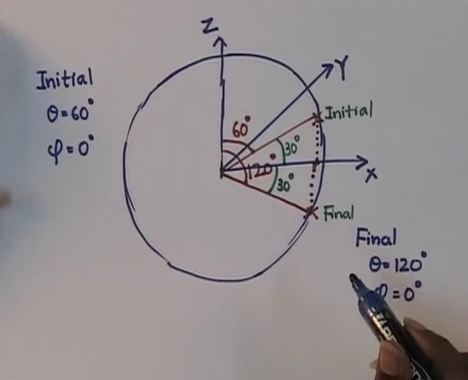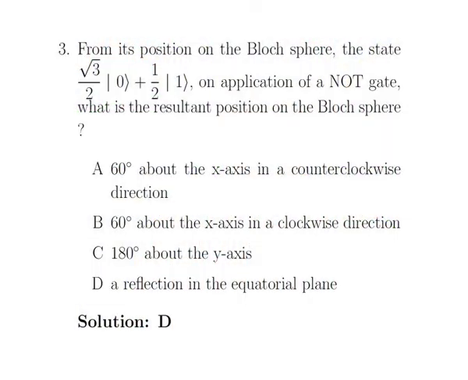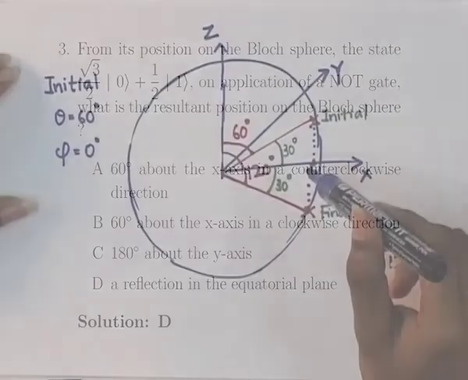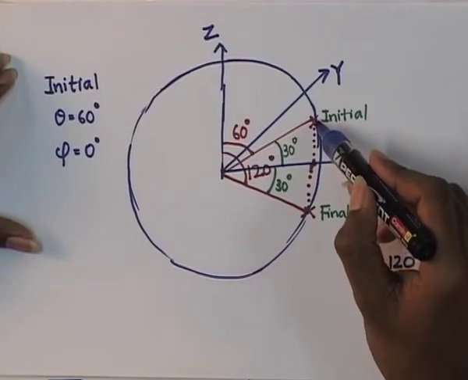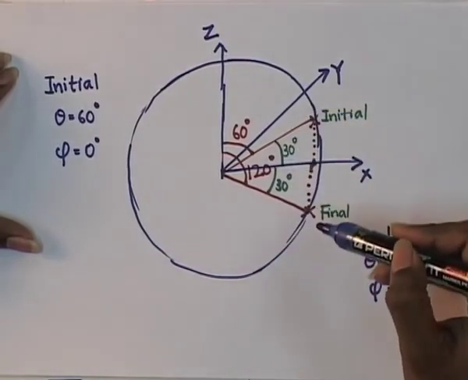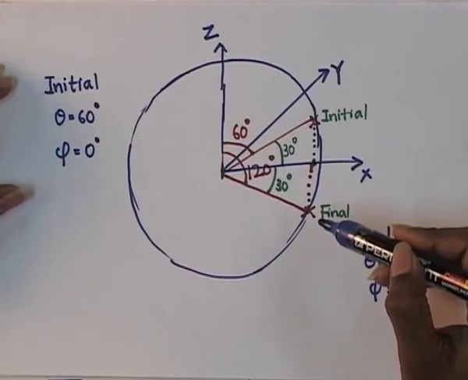Option A says 60 degrees about x axis in the counterclockwise direction. So it's saying that the resultant position is obtained after rotating the initial state 60 degrees about x axis, but we obtain the final state after rotating the initial state by 180 degrees about x axis.